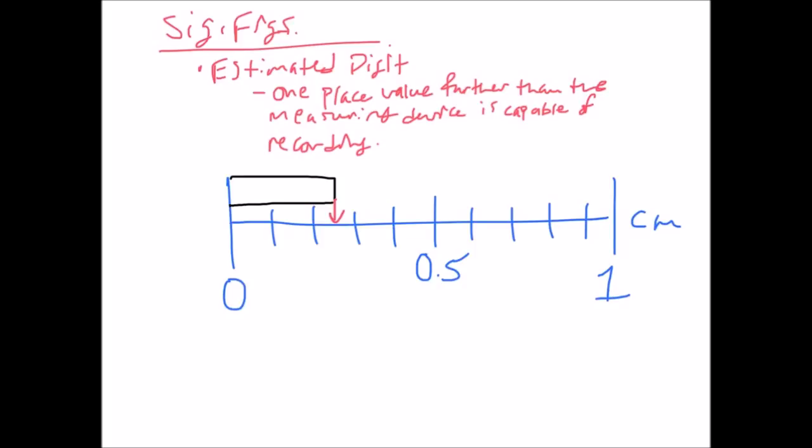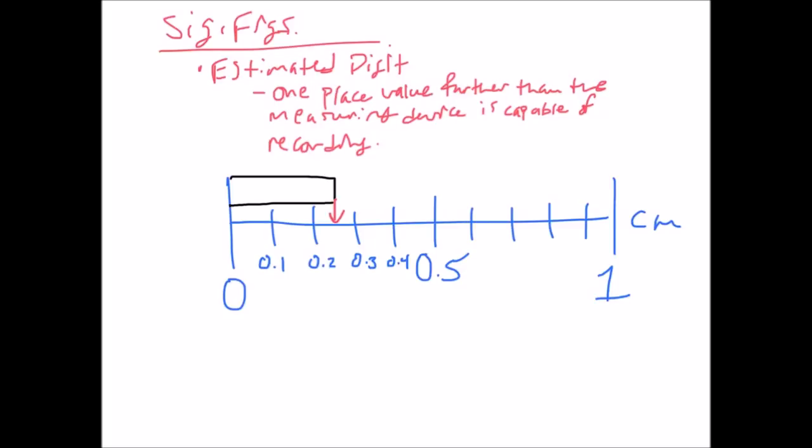So this meter stick is capable of going to the 10th place. Each one of these markings is 1/10. So we know that our block is at least 0.2 centimeters long, but it's less than 0.3 centimeters long.